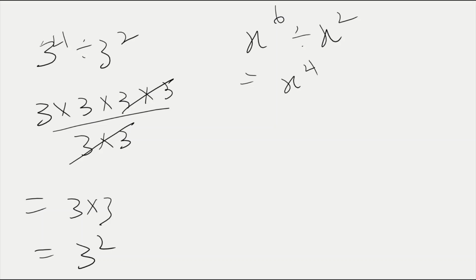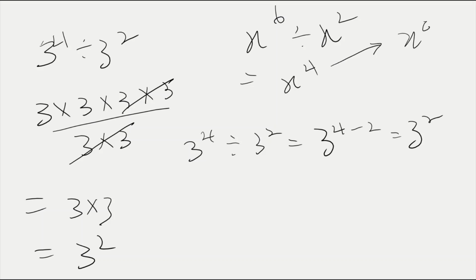In a simpler way, 3 to the power of 4 divided by 3 to the power of 2 gives you 3 to the power of 4 minus 2, 3 to the power of 2. Same goes here, this is x to the power of 6 minus 2. So in short, the law of indices for division tells you x to the power of m divided by x to the power of n is x to the power of m minus n.